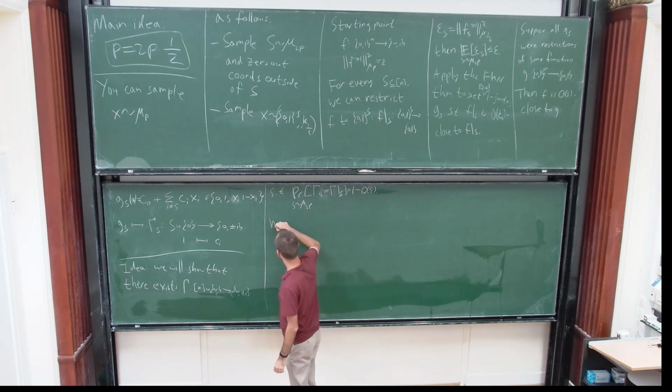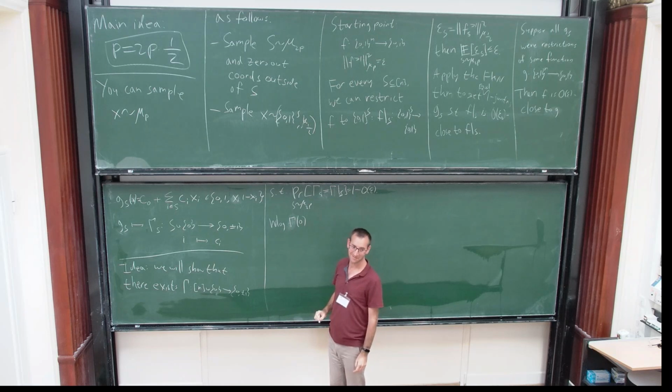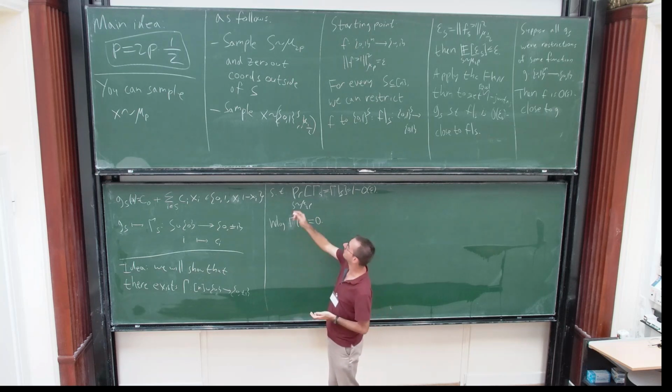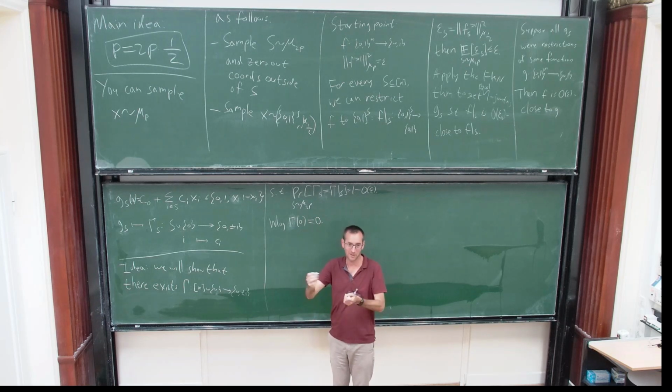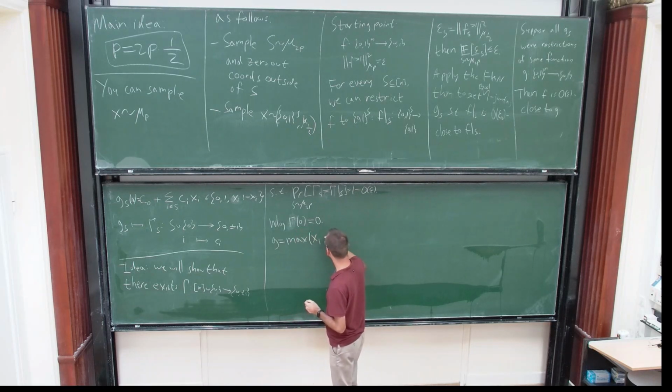Okay, now suppose without loss of generality that gamma of 0 is going to be either 0 or 1. Let's say it's 0. Otherwise, we're looking at 1 minus the function. So I'm going to define the function G as follows. G is the maximum of x_i such that gamma_i is equal to 1.